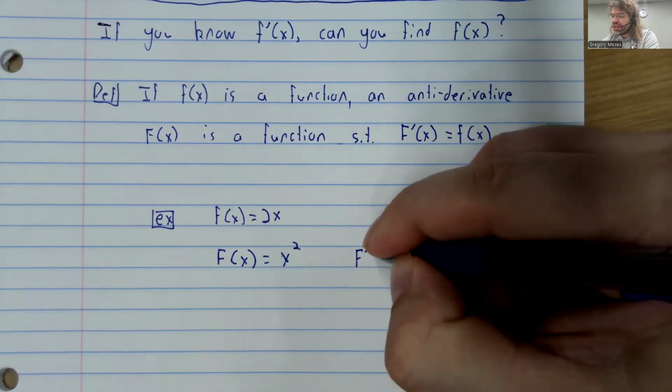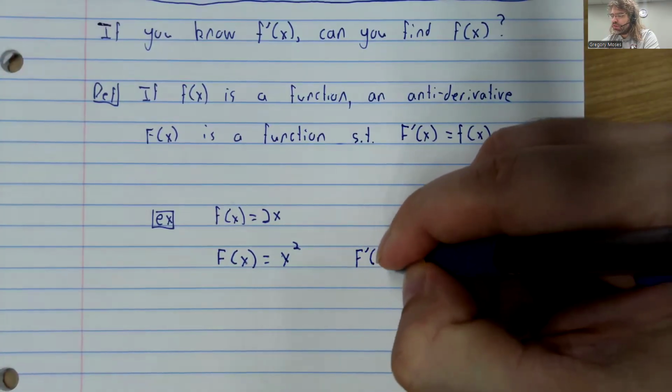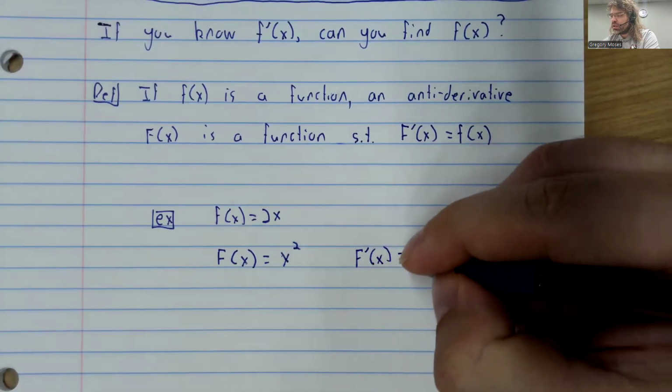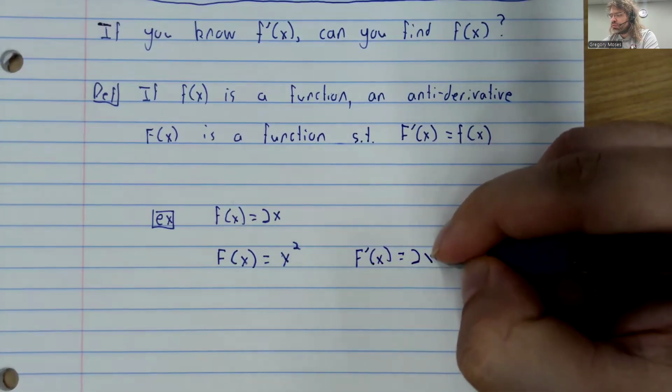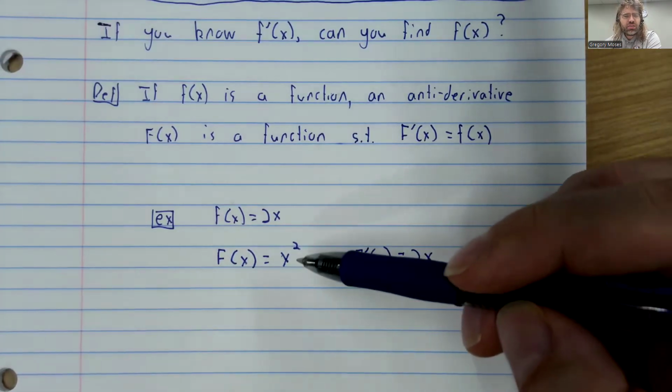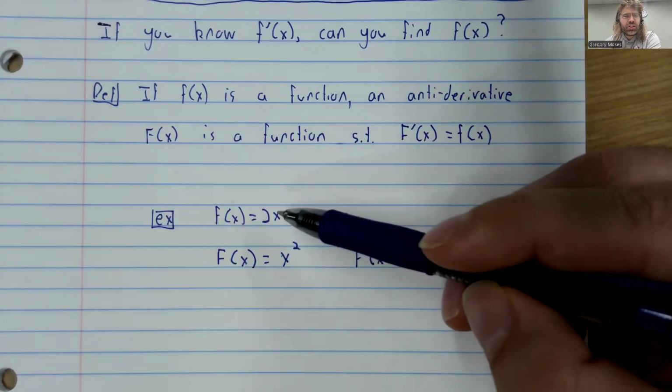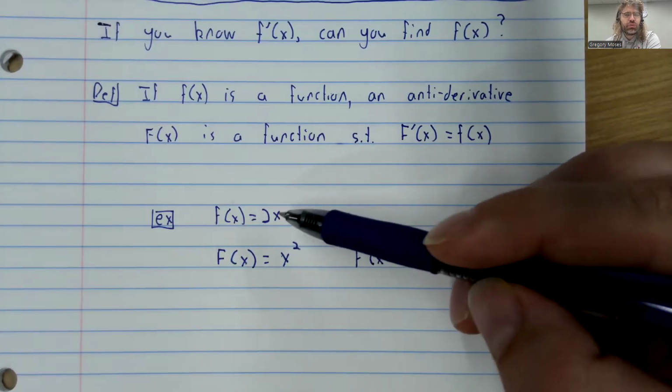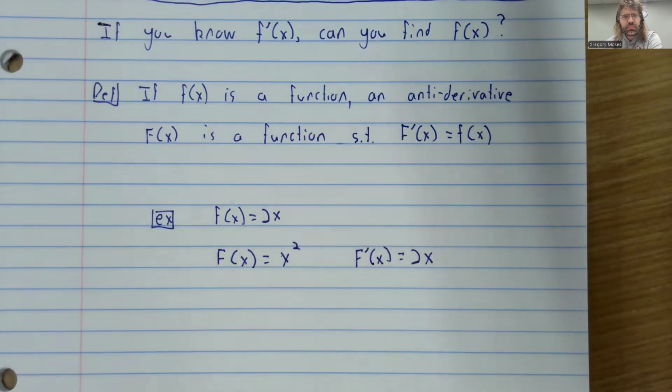The derivative of x squared is 2 times x. So x squared is an antiderivative of 2x.